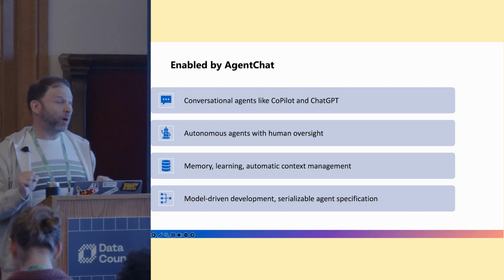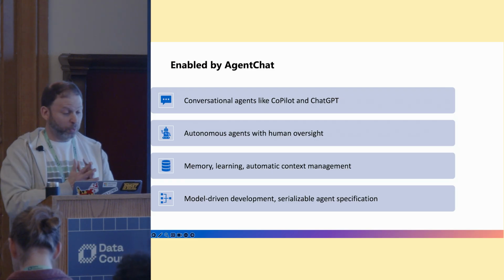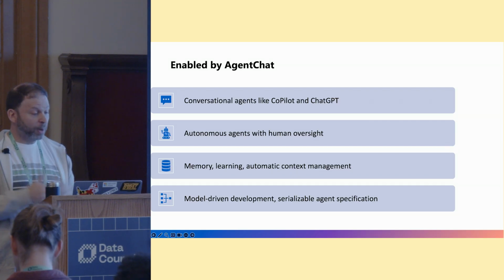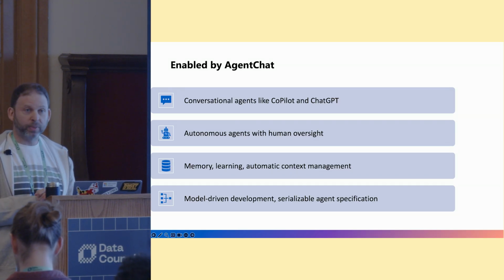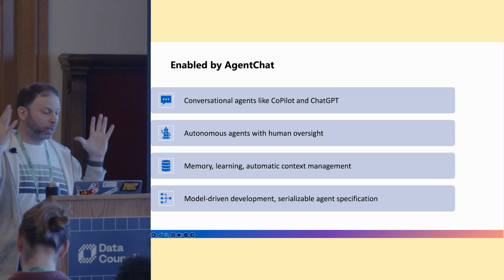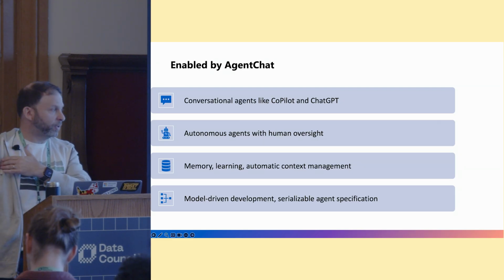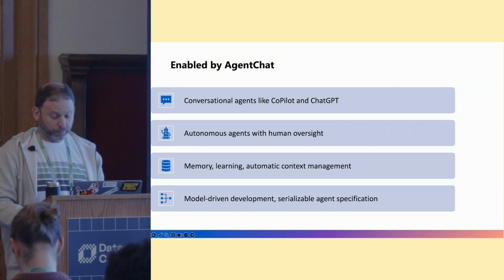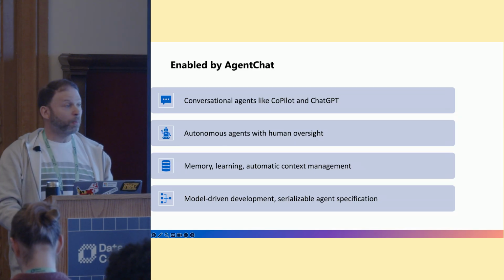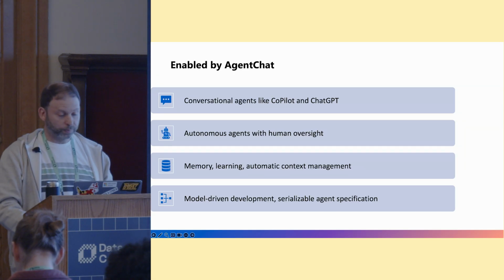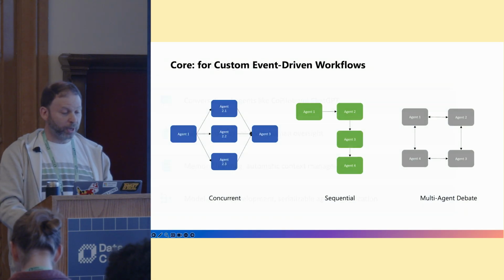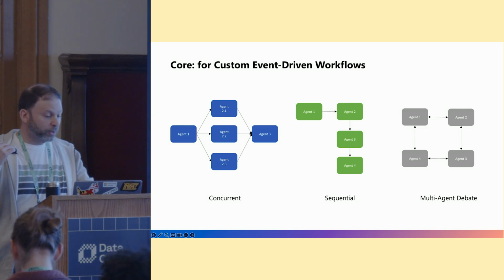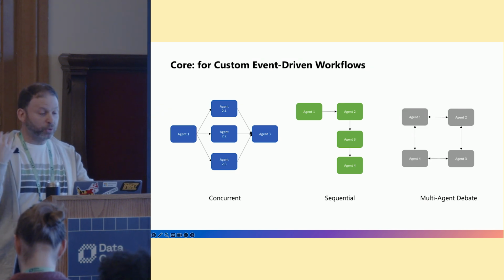All you see is the input and the output. So yes, if you want autonomous agents with human oversight, it gives you memory, learning, context management. If the context gets too big, it can summarize it and then pass that on as context for the next LLM call. And model-driven development. So this is all enabled for you by the Agent Chat API.